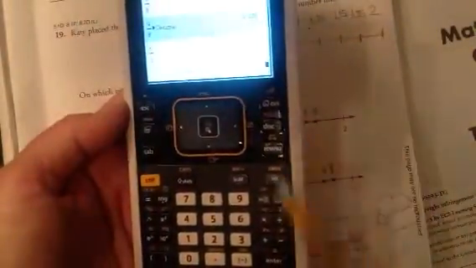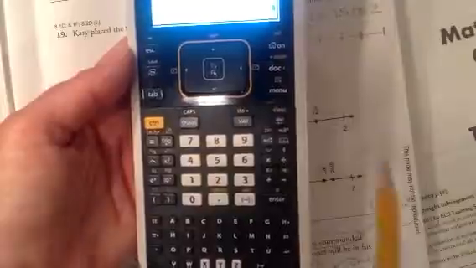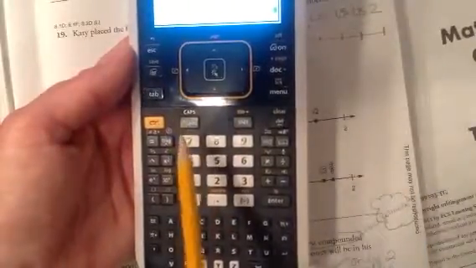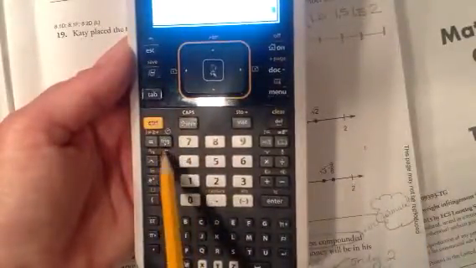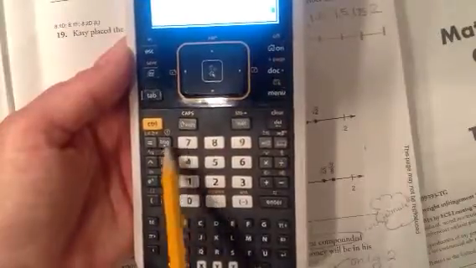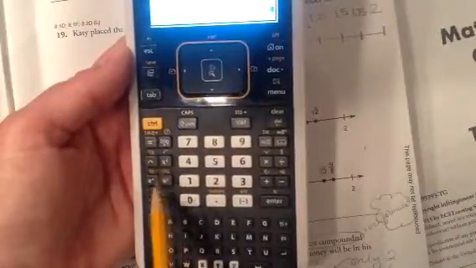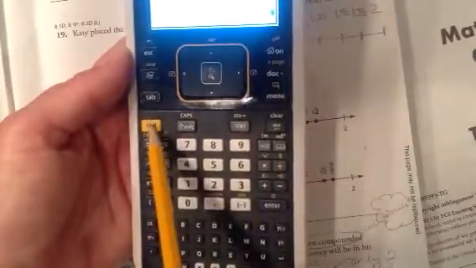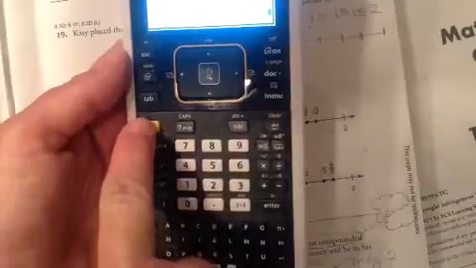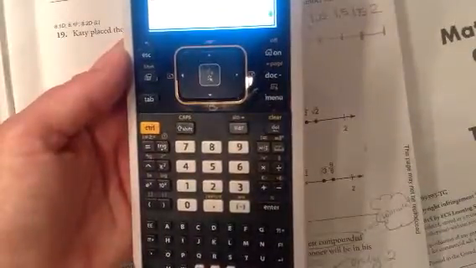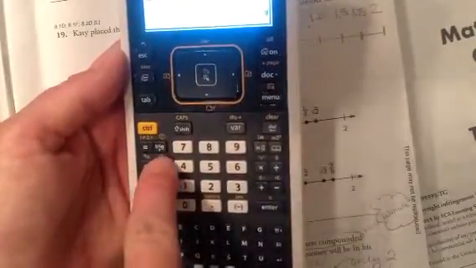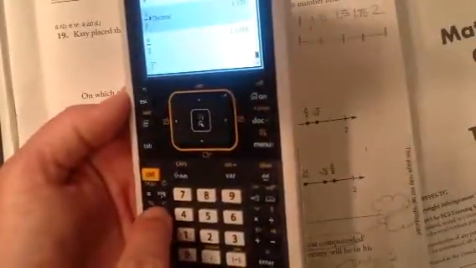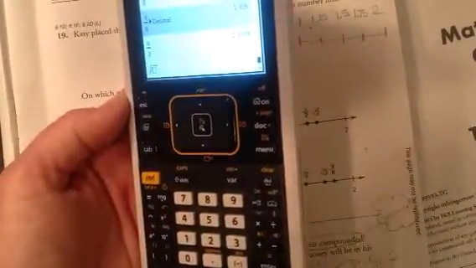I'm going to continue on. I need the square root of 3 and the square root of 2. When you do the square root of a number, this is kind of special because we need to use the yellow portion above the key. To use any yellow function, we need to press the control key first. So control, then the root sign, and then I put the number in.